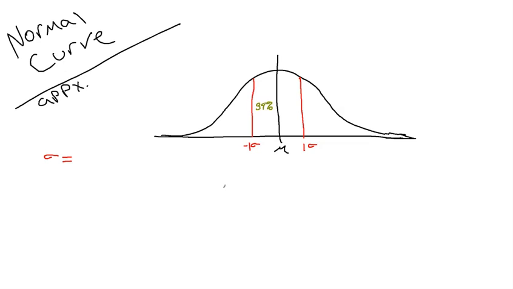Now what's great about a normal curve is it's equal on each side. So this side as well is about 34%. So together, this area is 68%.